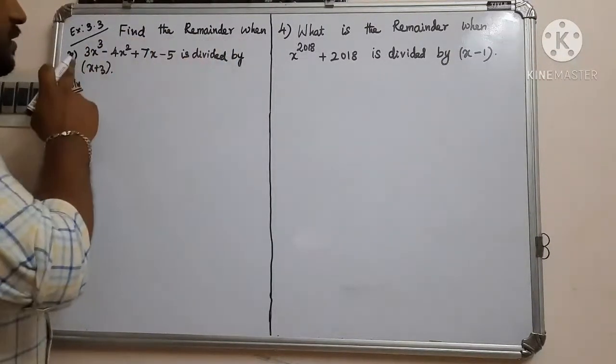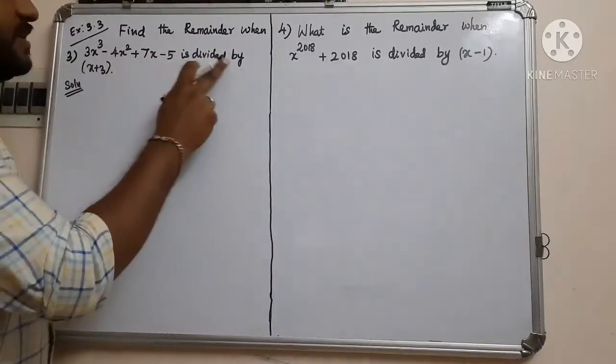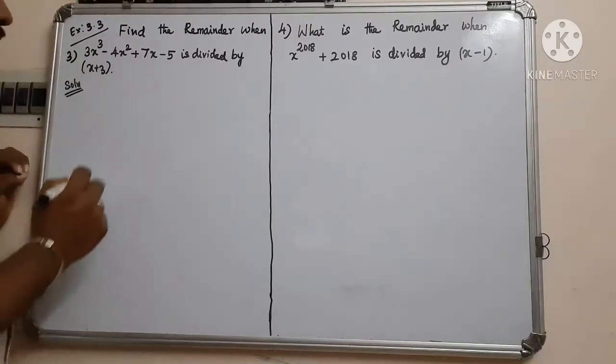Find the remainder when 3x cube minus 4x square plus 7x minus 5 is divided by x plus 3. Here also we have to use the remainder theorem.